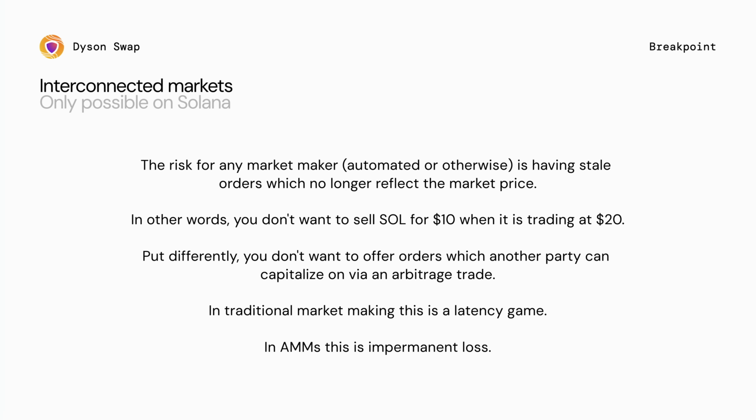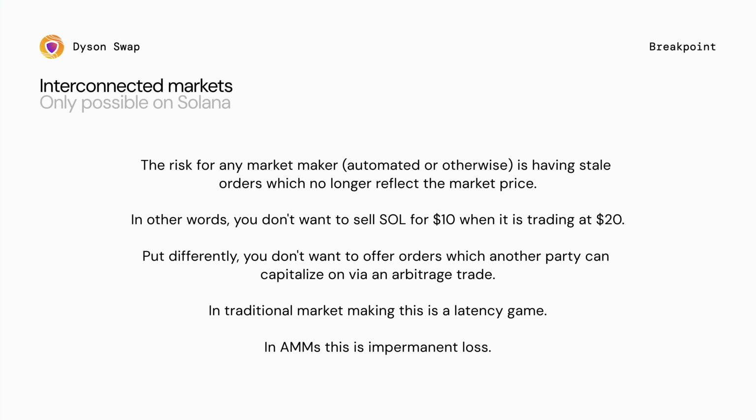The second mechanism is interconnected markets. The risk for any market maker, automated or otherwise, is having stale orders on an order book or an AMM which no longer reflect the market price. So what does that mean? In other words, you don't want to sell SOL for $10 when it's trading at 20 or 40.